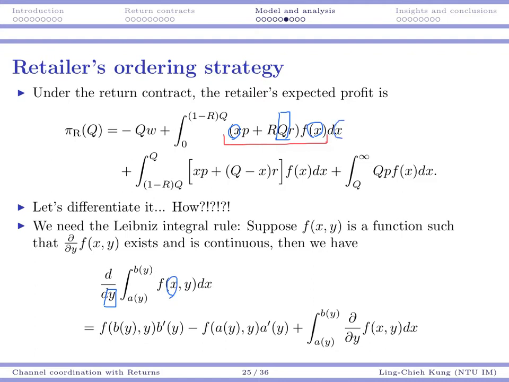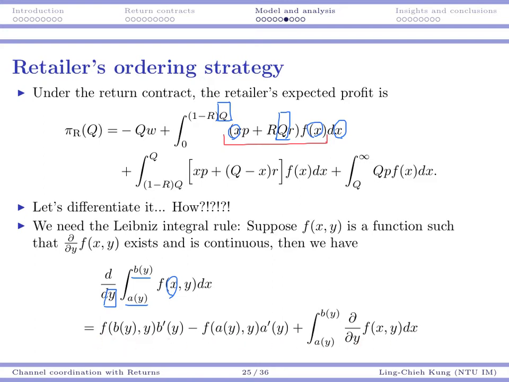Okay, you can see we are integrating with respect to x, and then we will differentiate the result with respect to y or Q. Here, one thing to keep in mind is this Q also appears at the upper bound or lower bound of an integral, just like the upper bound and the lower bound of this integral may be a function of y. Okay, and then we have the formula here.